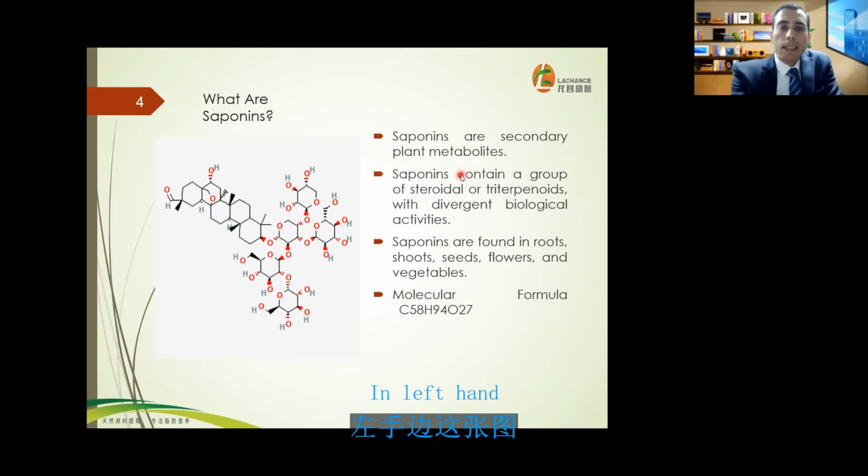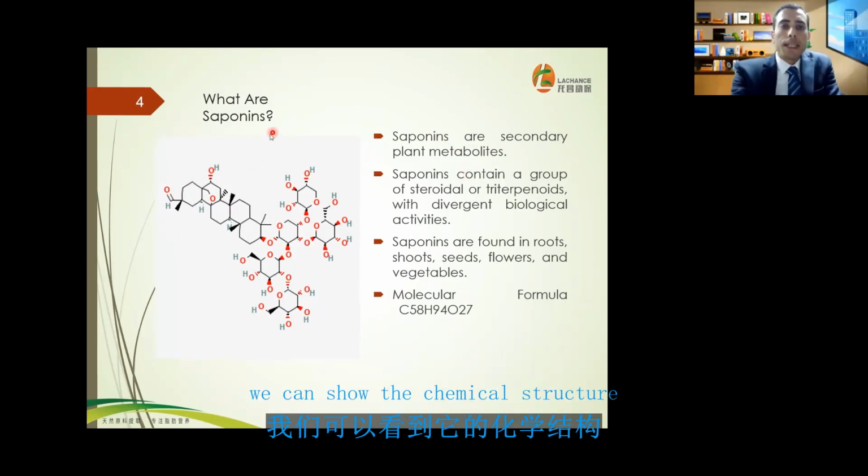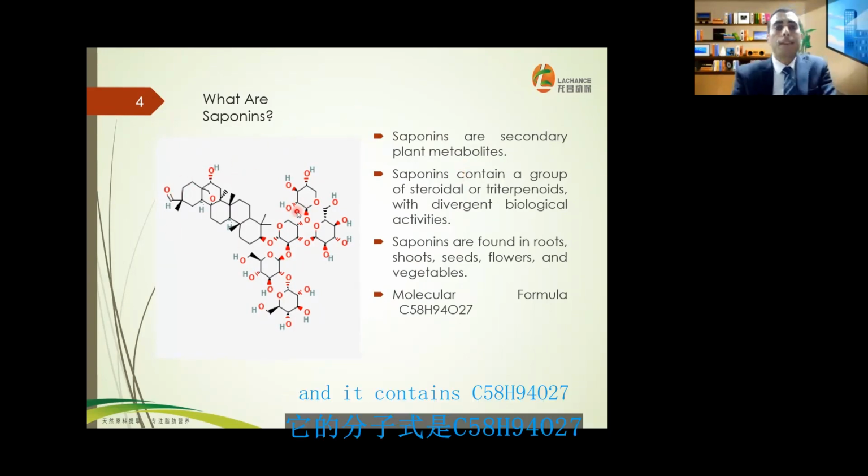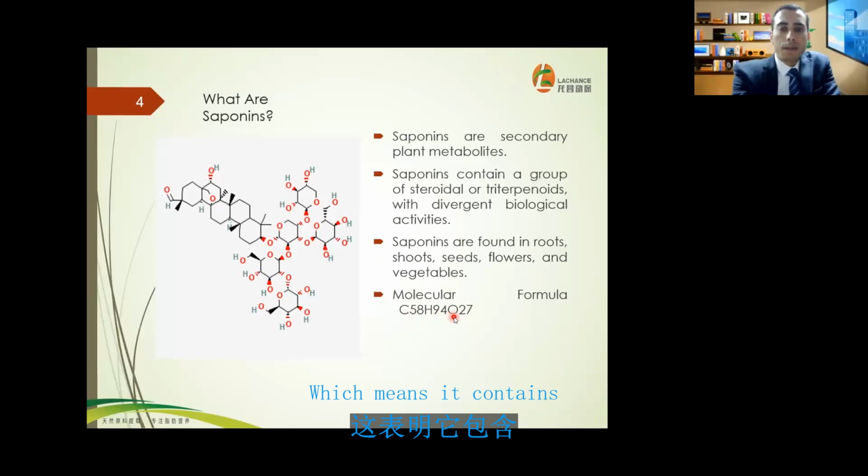On the left hand, we can see the chemical structure, and it contains C58, H94, O27, which means it contains 58 carbon atoms, shown in dark, and 94 hydrogen atoms.